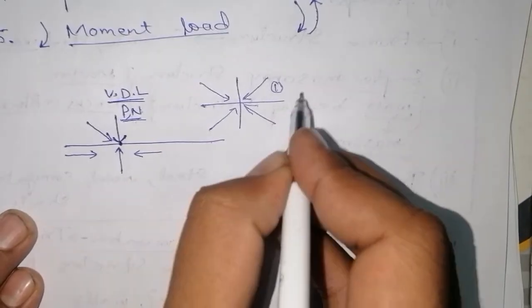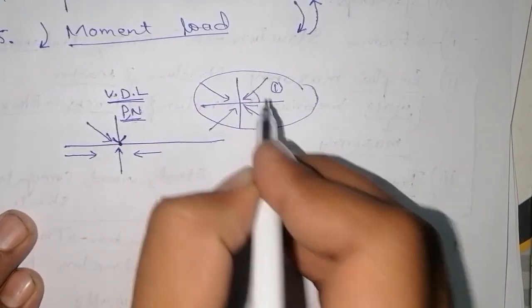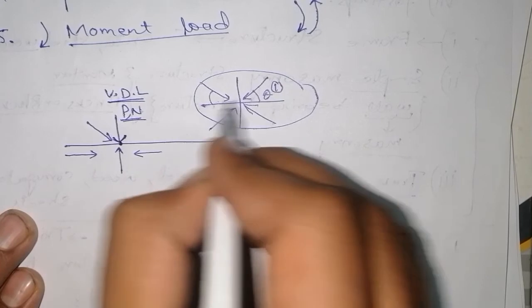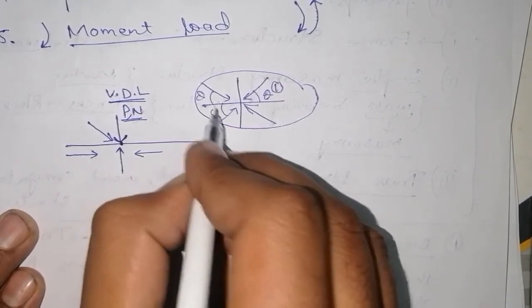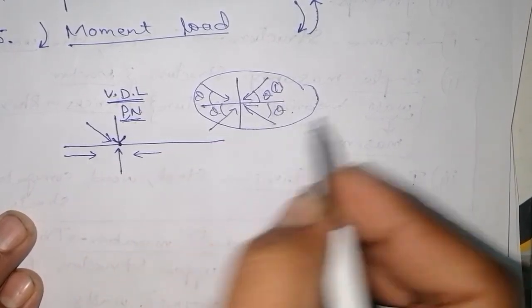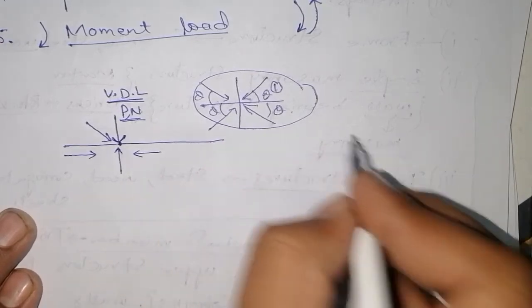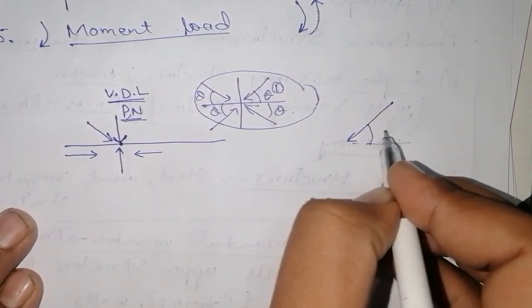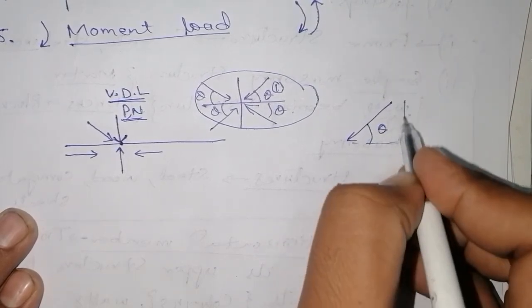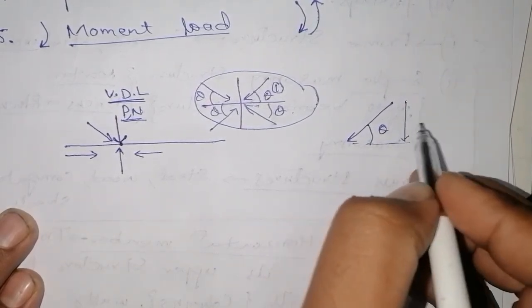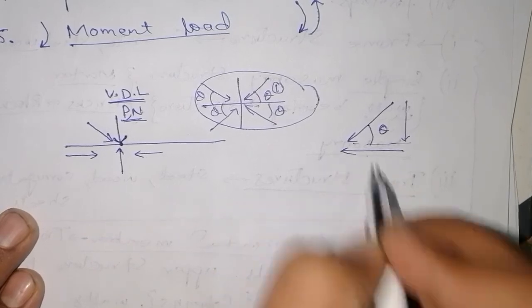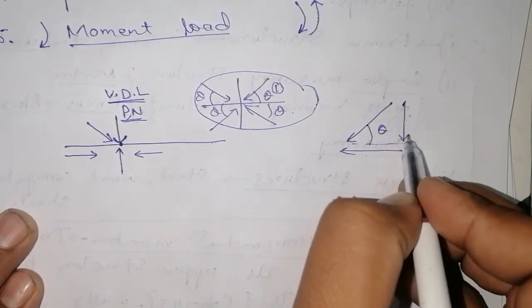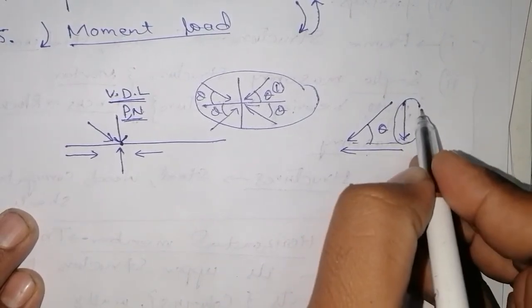So this inclined load may act in different directions with different angles, theta. We can resolve it into rectangular components, like this is a point load making angle theta. Then we will have two rectangular components, this one and this one. We will resolve these components and this will give us two forces.